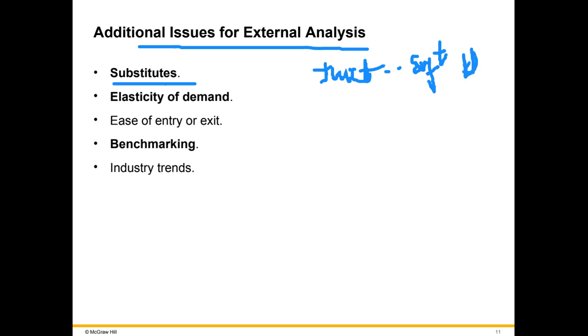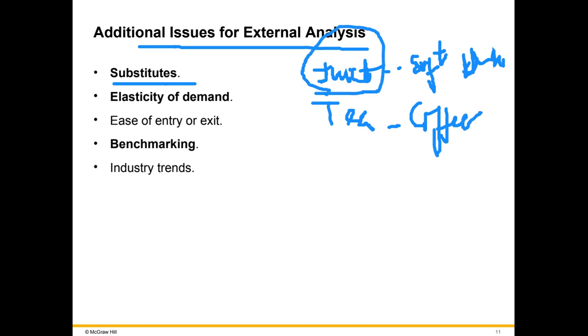Probably tea or chai is also a substitute product. Sometimes it can be coffee. So these can be substitute products for juices, and they can also change the customer's behavior. So you'll have to look up the substitute products that are being sold in that region.